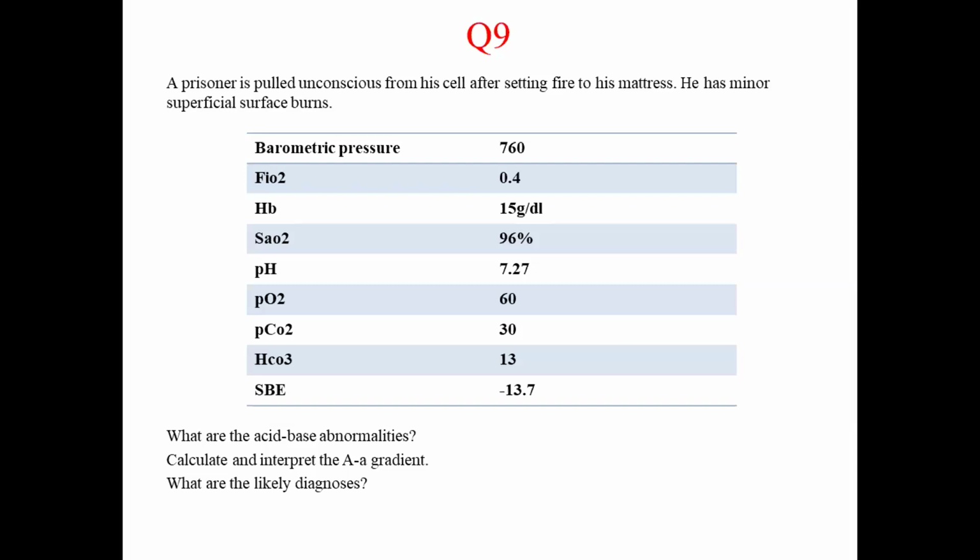The A gradient is 247, huh? Any other answer for the A gradient here? Yes, correct, 187. From 247, you need to minus your PaO2, so 247 minus 60. So it is 187. Good.